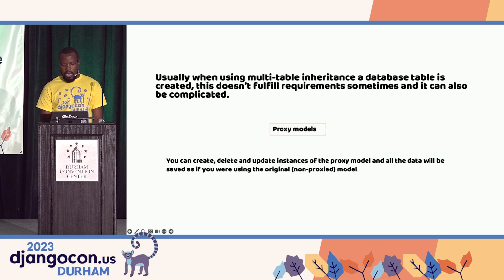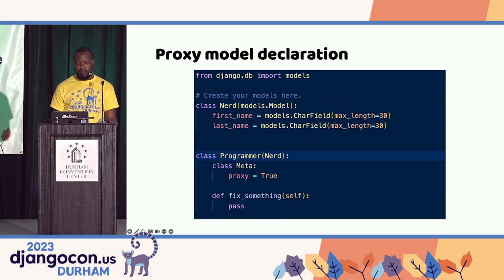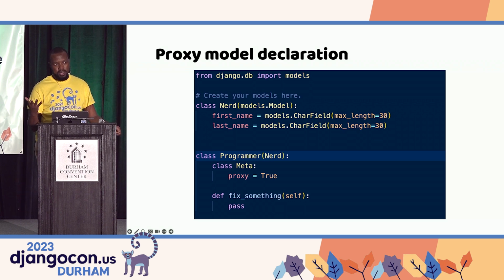To declare a proxy model, I'm going to use an example, and I tried to use some of the things that we have been talking about at this conference. So we are going to be using a class called nerd, right?